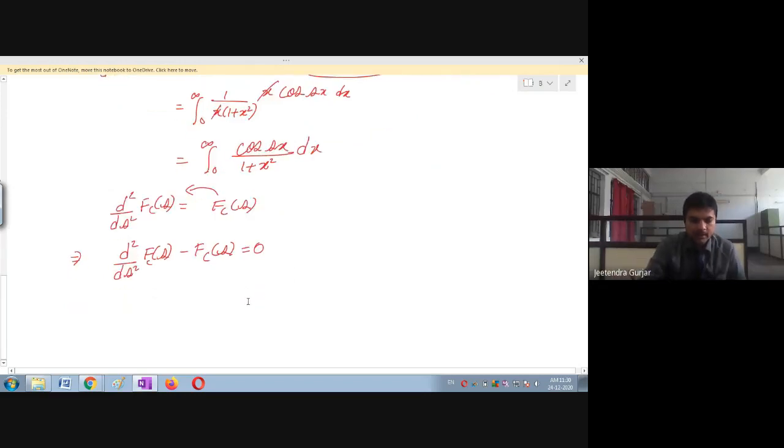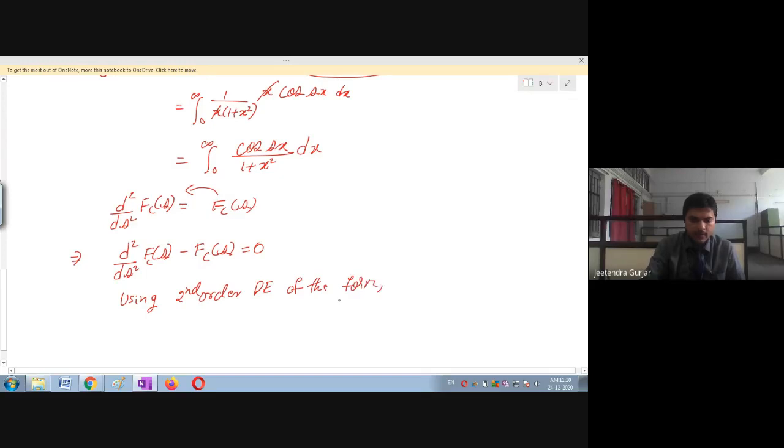So now you can see this is a second order differential equation, because this is d square upon ds square. As you remember, that is using a second order differential equation of the form. So I can make this of the form.